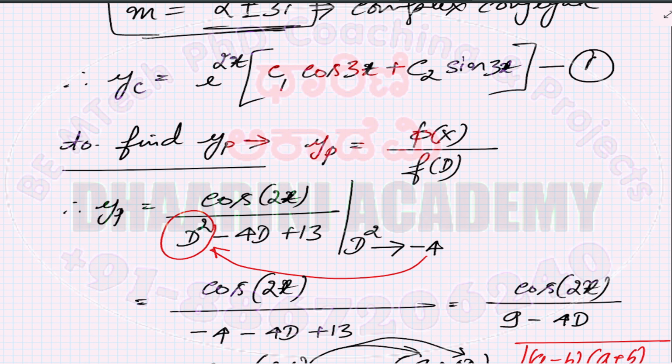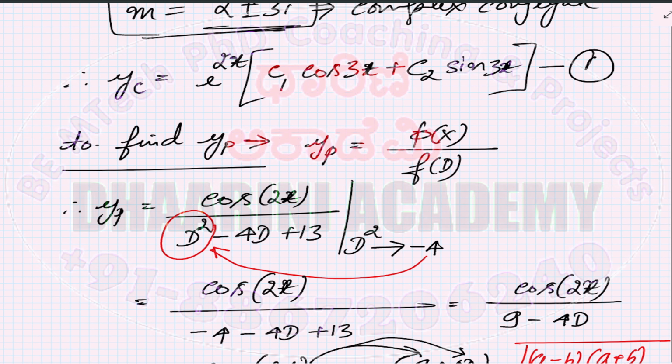Now we come to the YP part. The standard equation is YP equals phi of x by f of D. Phi of x is the right hand side, which we neglected earlier. Now we are going to put it back. F of D we obtained during the problem. In this case, phi of x is cos 2x and f of D is D square minus 4D plus 13.